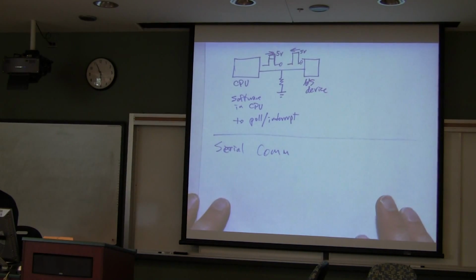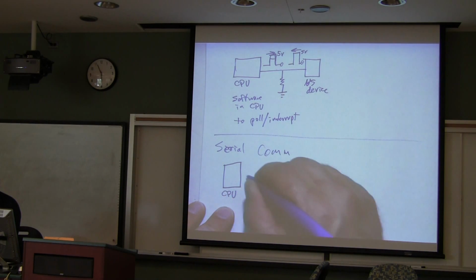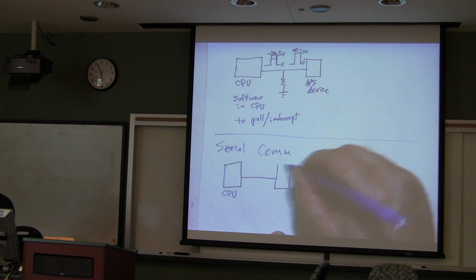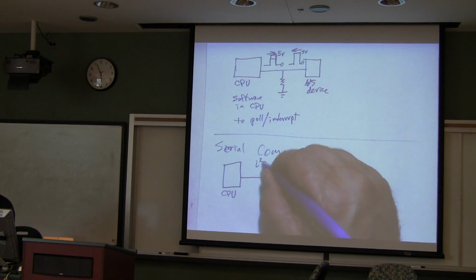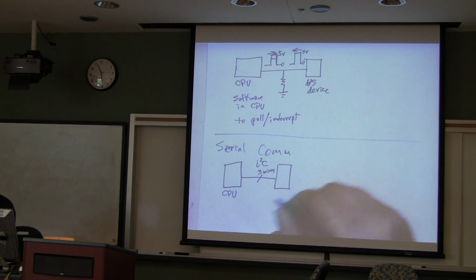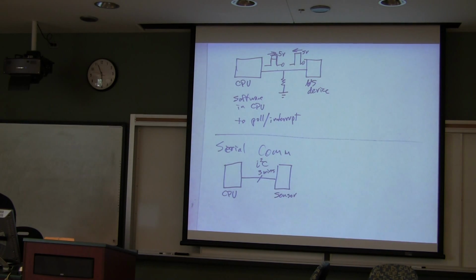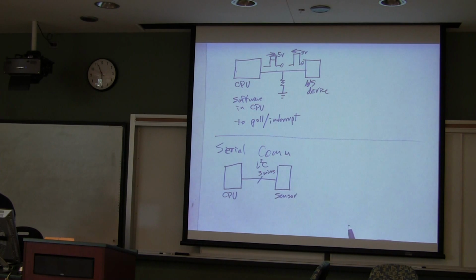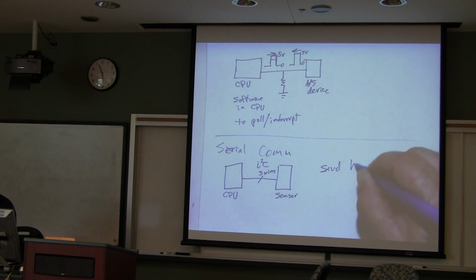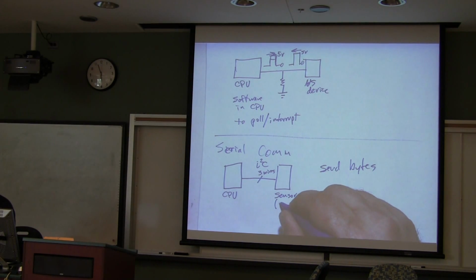And in particular, you have different types of protocol that are available. One in particular is called I squared C, in which you have 3 wires, and this is your CPU and this is your sensor. Between the two, you don't just do one of these signals, you actually send bytes. And in this case, the sensor is actually intelligent.